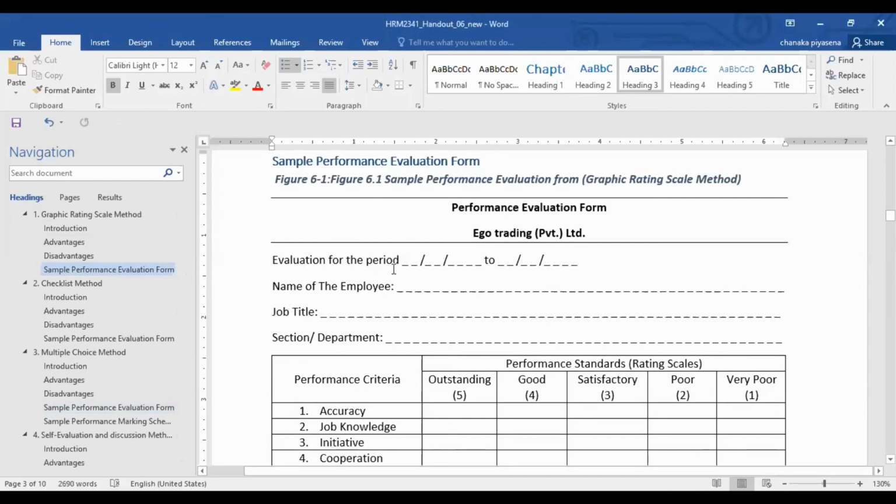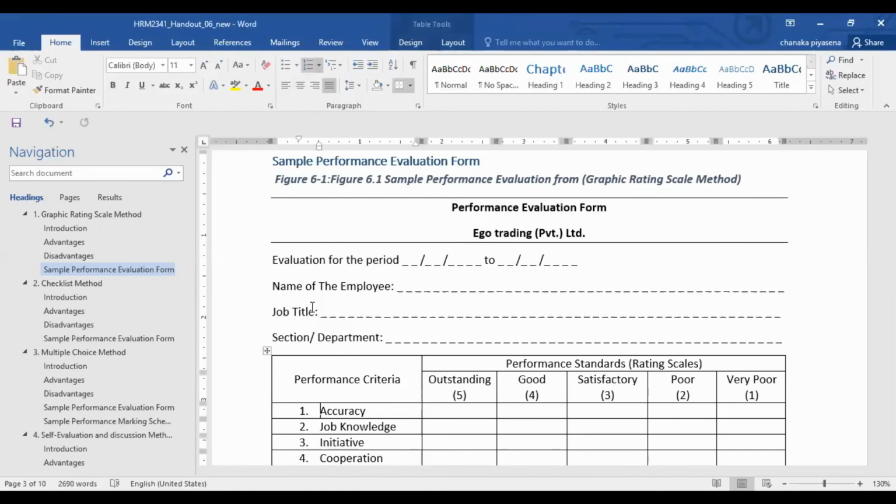I think you can see this performance evaluation form. There is some basic information. The evaluator should fill in this basic information. Then we move to the performance standards section. There are several performance criteria.